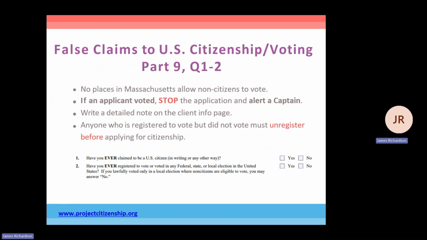A lot of times when people say they have registered, it's usually through a high school class, right? Their teacher thought they were doing a great thing and registering them all to vote. But if you're not a citizen, you can't vote. And so, we go to look these things up, and they've already been purged long ago. But still, it's something that we definitely have to check out and make sure before we apply.